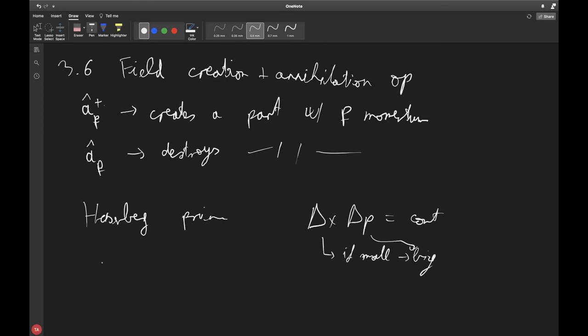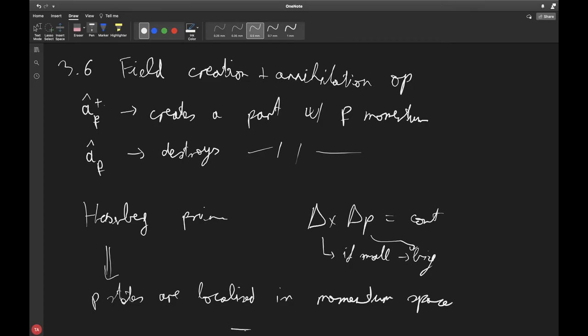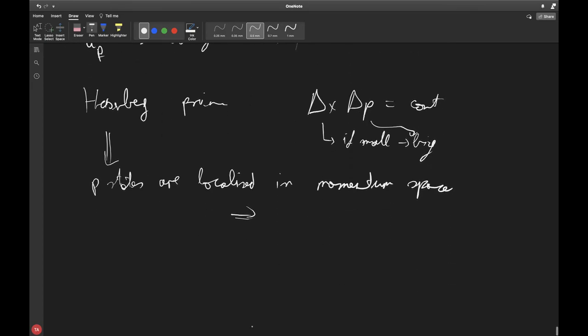So based on this, that means that these p states are localized in momentum space, and all that we discuss means that they are not localized.